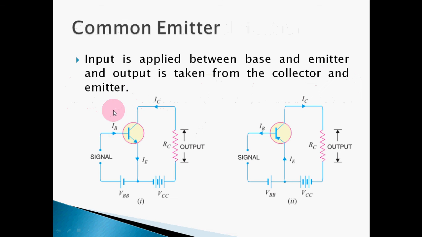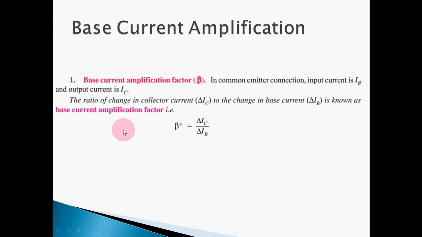The definition of the base current amplification factor is that the ratio of the collector current and the base current is known as the base current amplification factor. That means beta equals IC by IB.